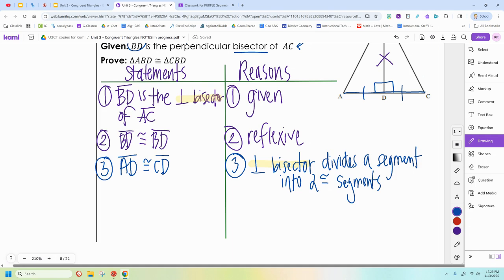Those happen to be sides, but it's not that a perpendicular divides a side into two congruent sides. Do you see how the word replacement doesn't work? So that one mimics all the other ones we've done.